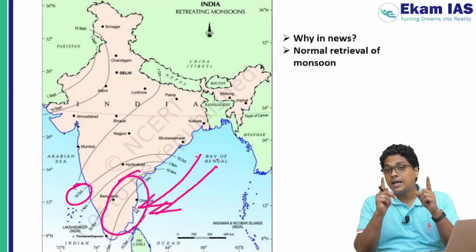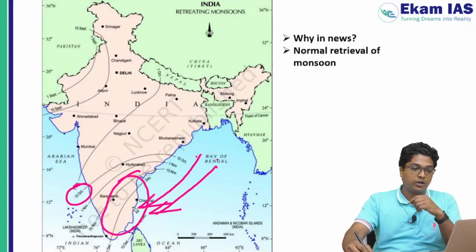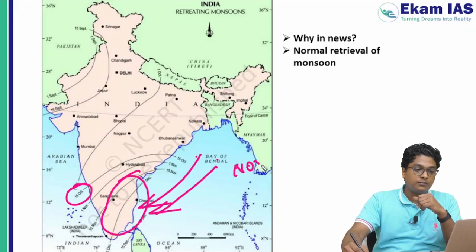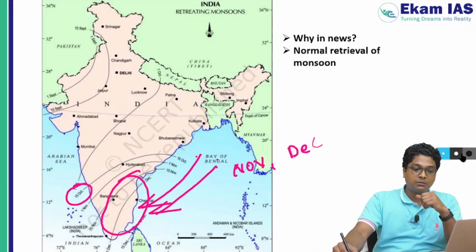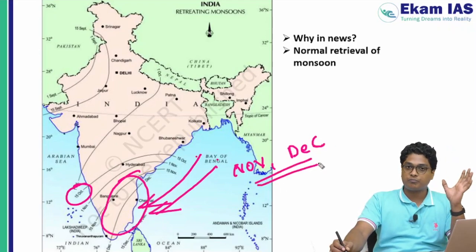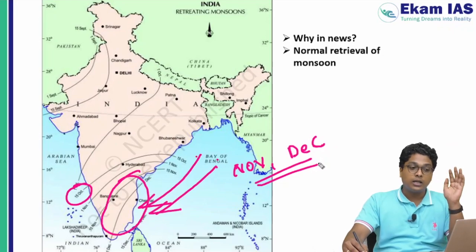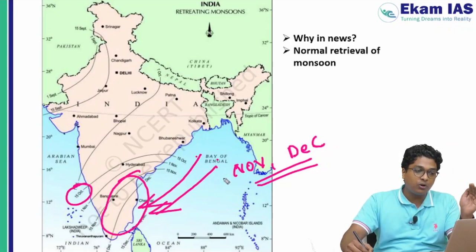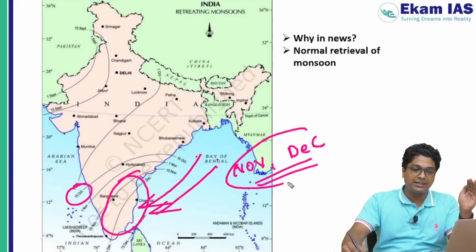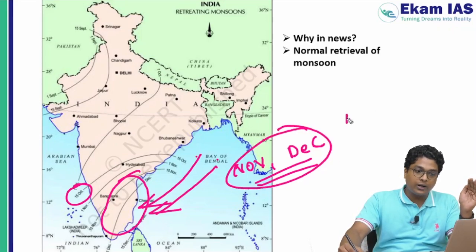Tamil Nadu gets most of its rainfall during the November, December time period. This is because the winds are moving from the Bay of Bengal towards Tamil Nadu, and these winds during November, December are normally called the northeast monsoon.